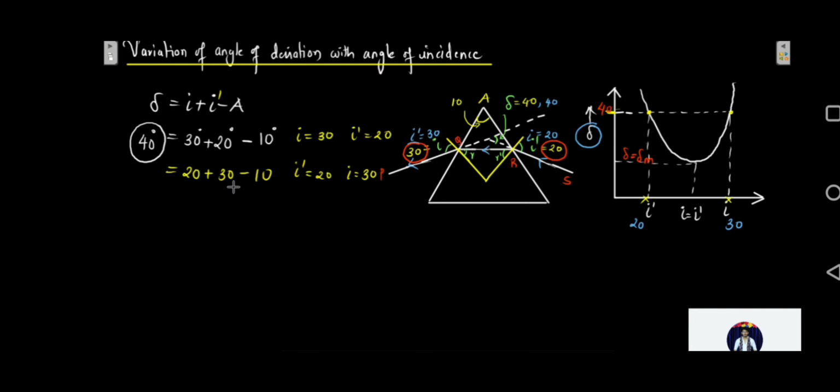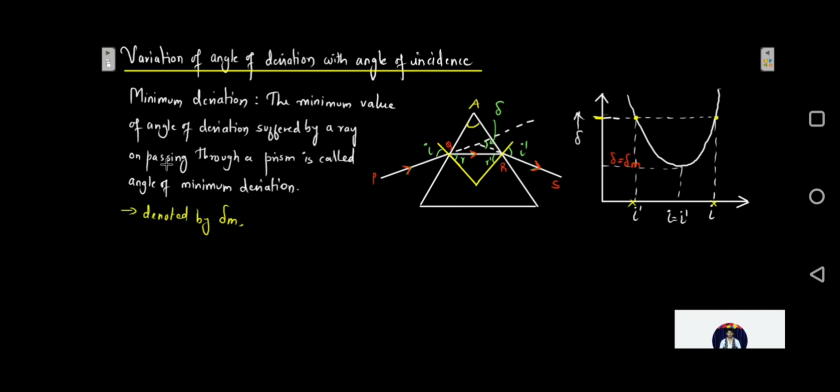Okay. So now let us see what do you mean by minimum deviation. What is minimum deviation? It is the minimum value of angle of deviation. The minimum deviation experienced by a ray when it undergoes refraction through a prism will be called the minimum deviation.